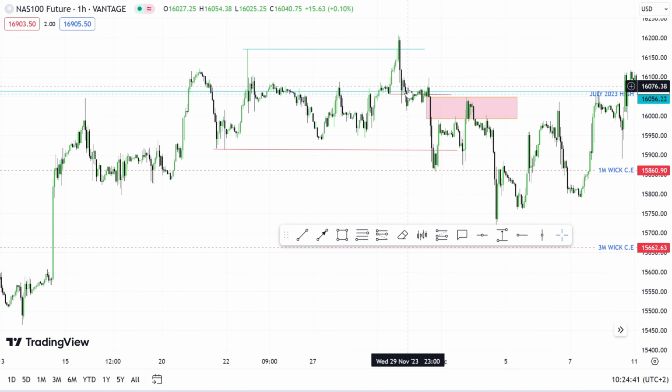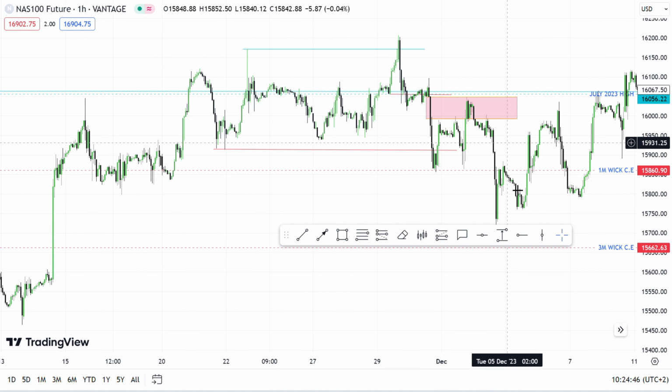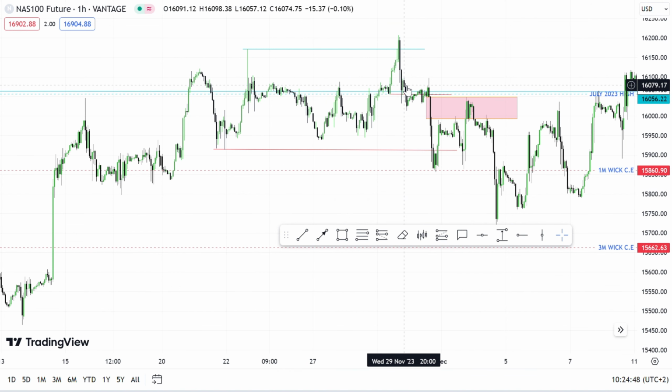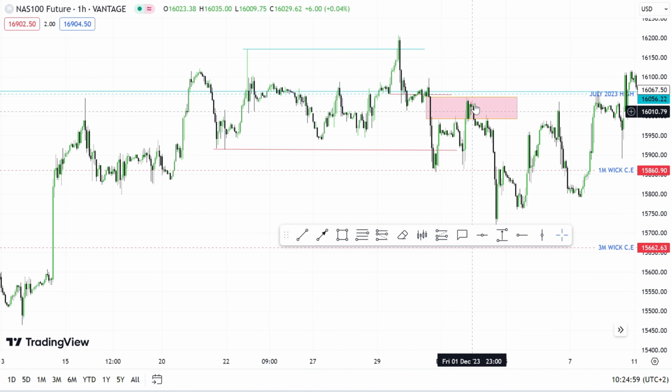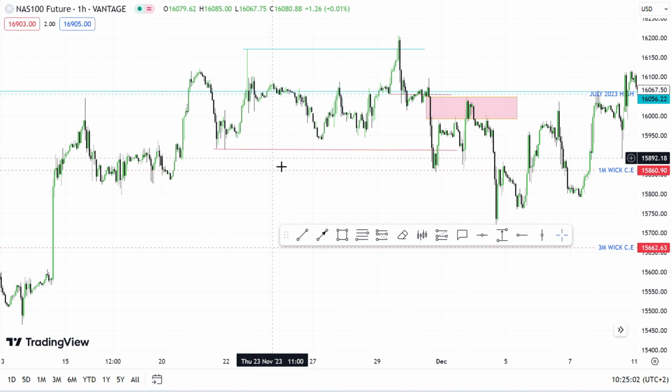This is external liquidity. But after taking the external liquidity, we react off this order block here, but there's a fair value gap in the lower time frames, and we sold. After taking liquidity below this low, we came back into the fair value gap here and sold.